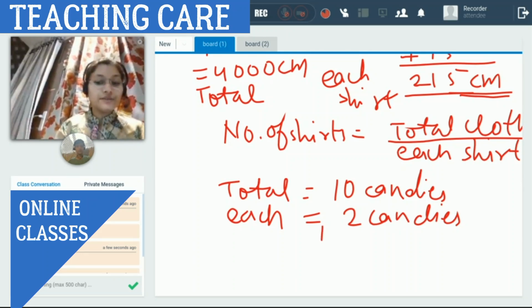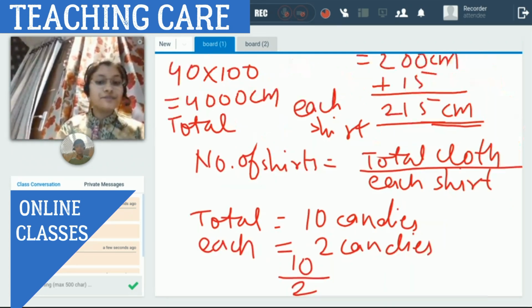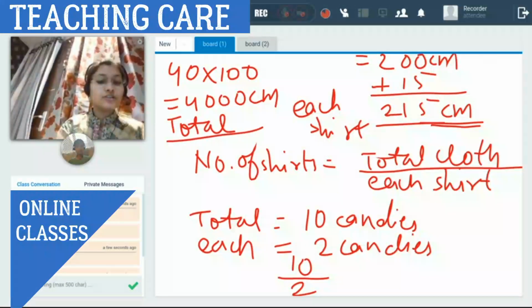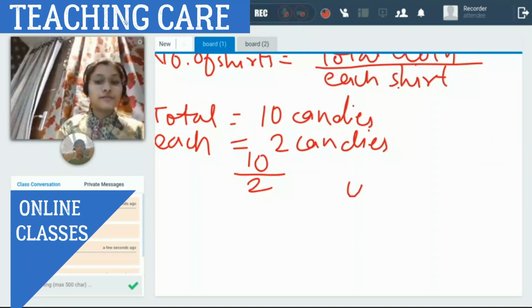What you did? Simply you divided the total quantity by what each child gets. Same concept is over here. The total cloth is given to you. Each shirt is using this much cloth. So how many shirts can be produced out of it? Divide the total by each shirt. So that will be 4000 divided by 215.